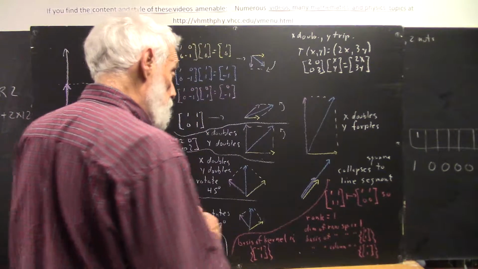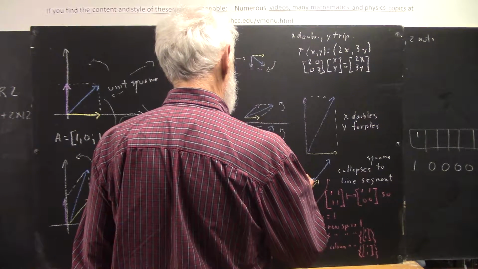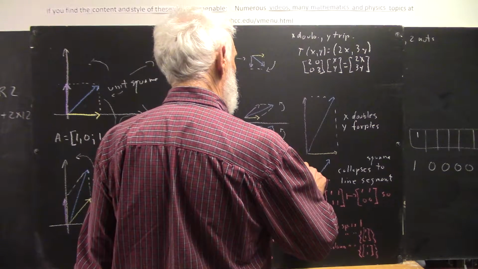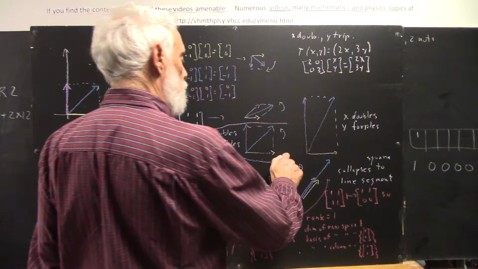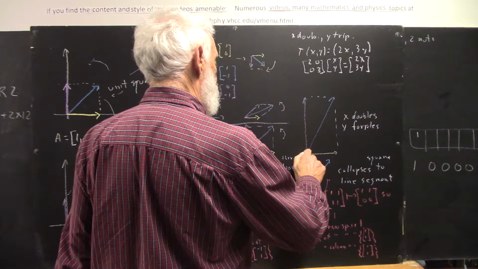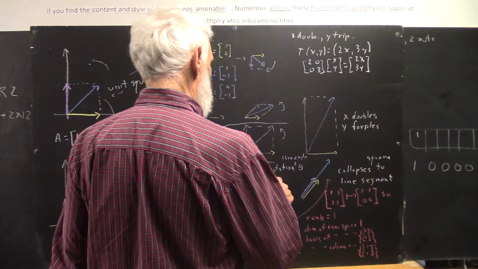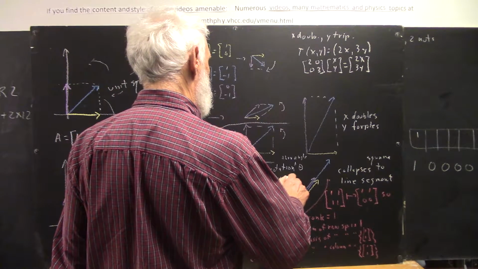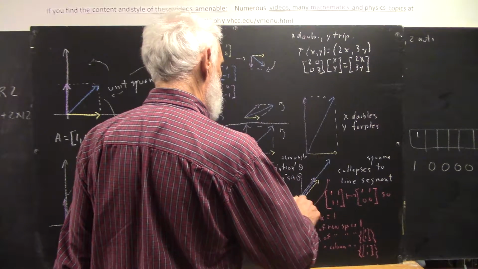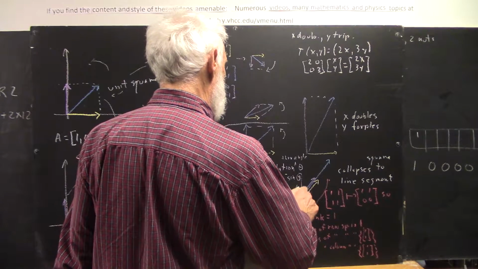Okay, a rotation through angle theta would be cosine theta, negative sine theta, sine theta, cosine theta.